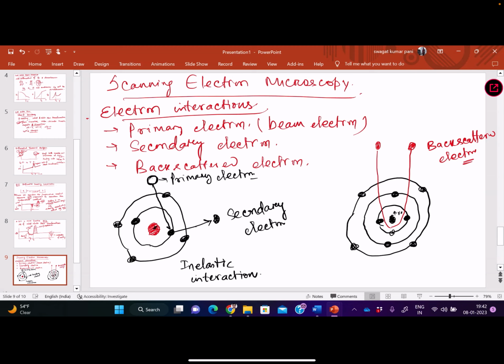And the interaction is, this interacts with the nucleus elastically and comes out with approximately the same energy.